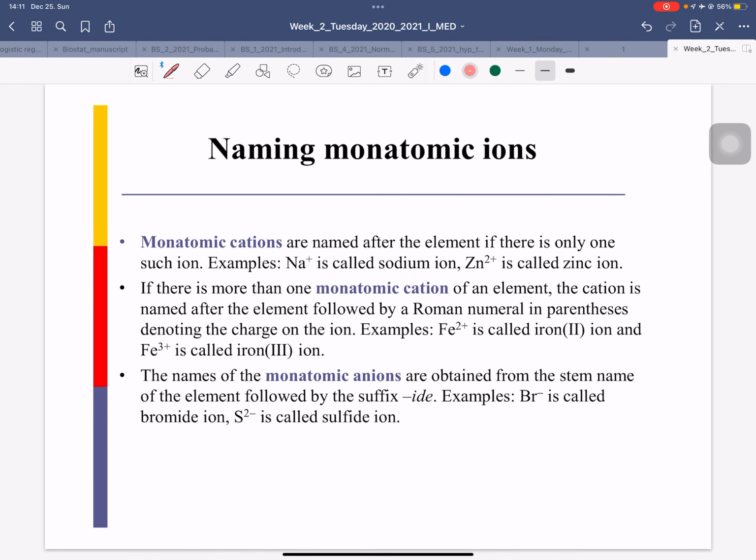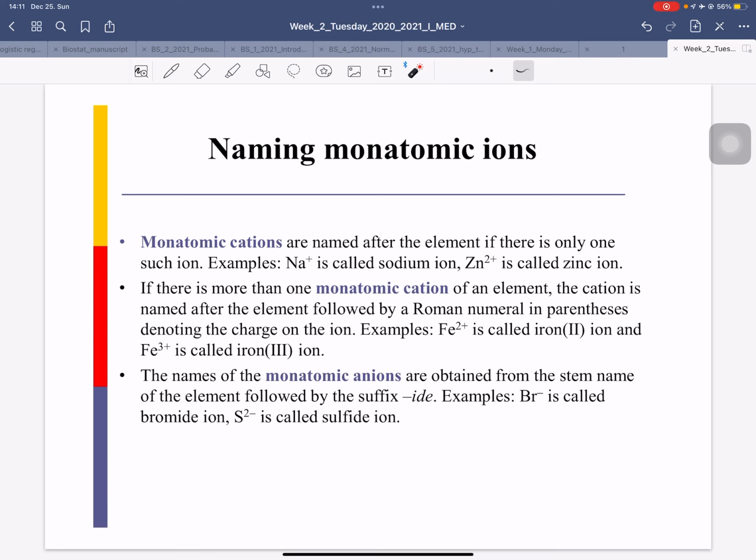The naming for metals is very easy. We use the name of the element plus ion, so we say sodium ion, zinc ion. But for a transition metal, if we have two possibilities, we use Roman numerals. For example, Fe2 plus, Fe3 plus, we write iron(II) ion, iron(III) ion.